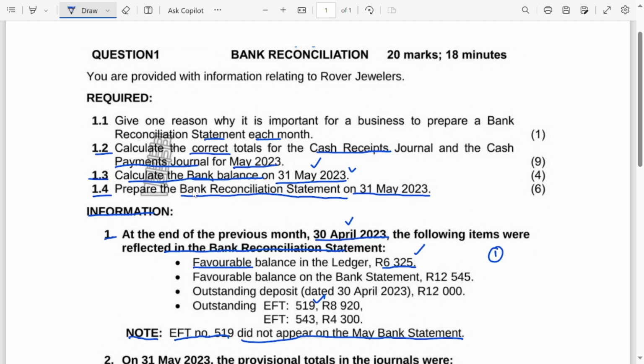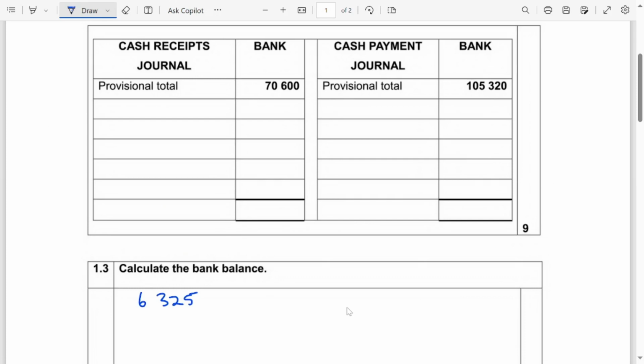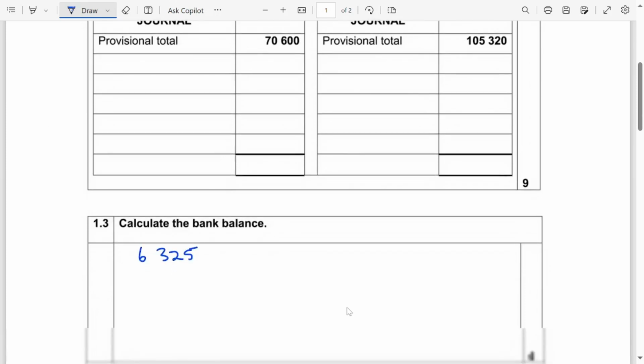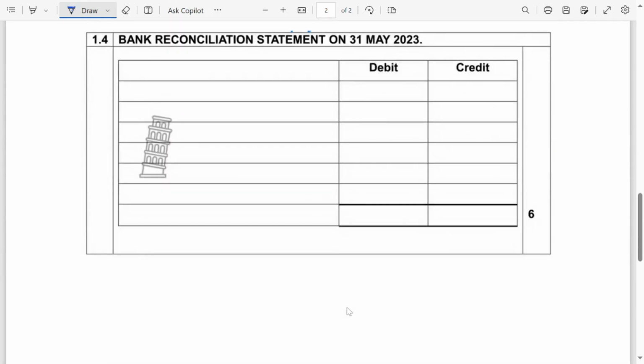So it's 8,920. EFT 519, 8,520, right? So it's an outstanding EFT 519.